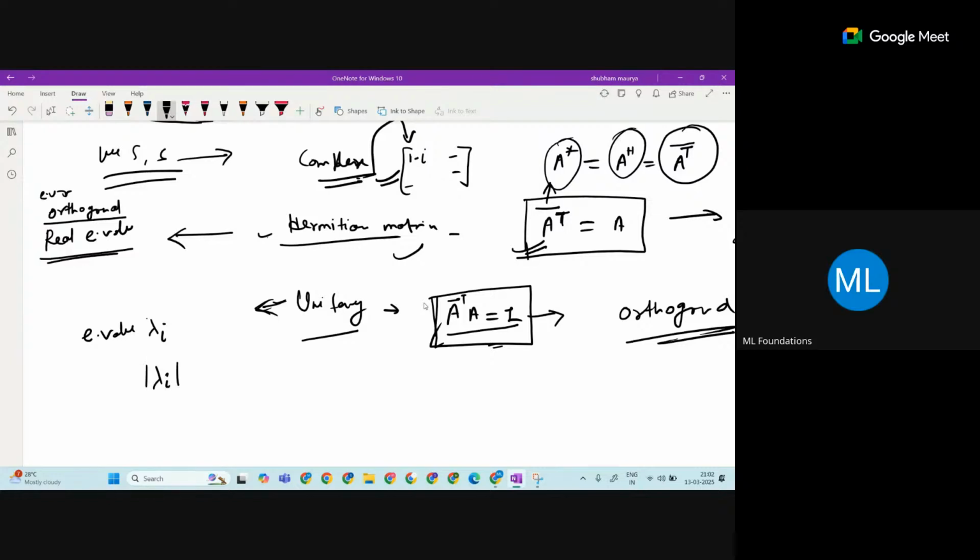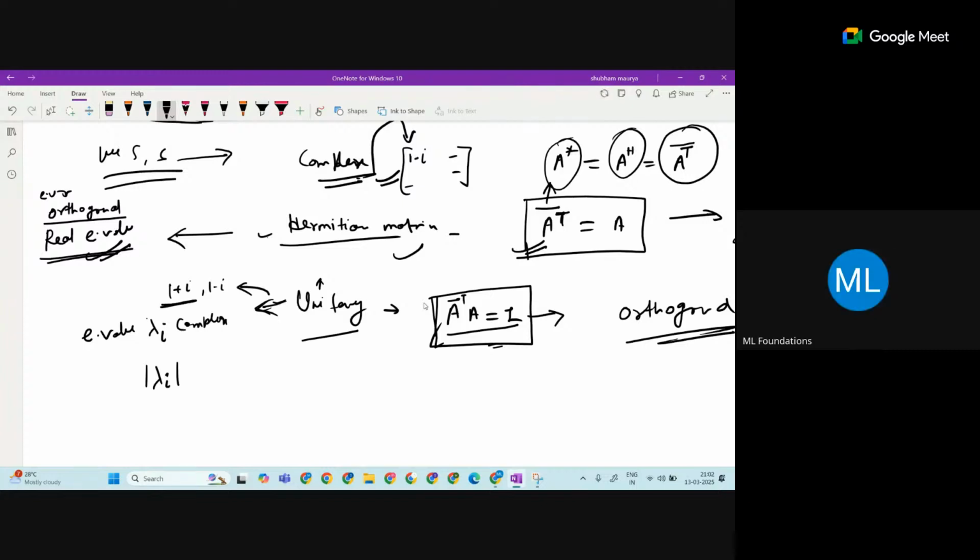These eigenvalues may be complex also, maybe 1 plus i or 1 minus i. In a Hermitian matrix they are always real, but in a unitary matrix they may be complex.